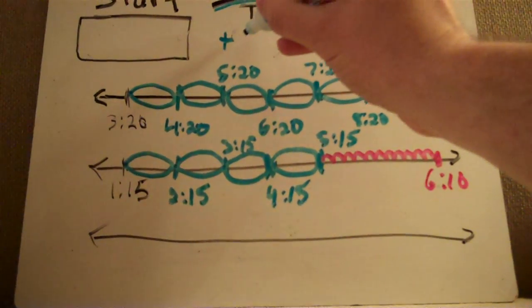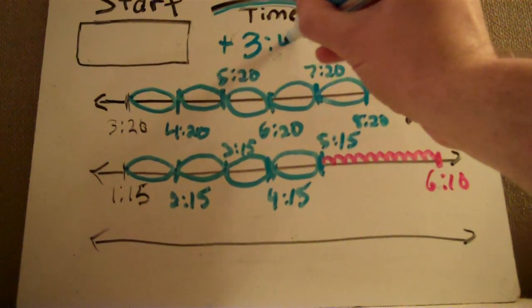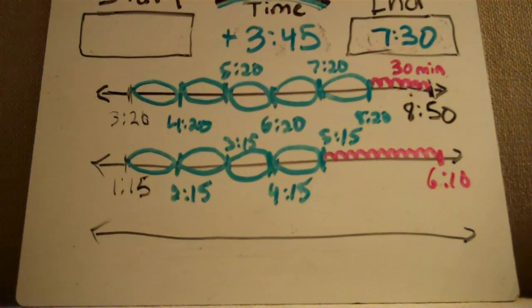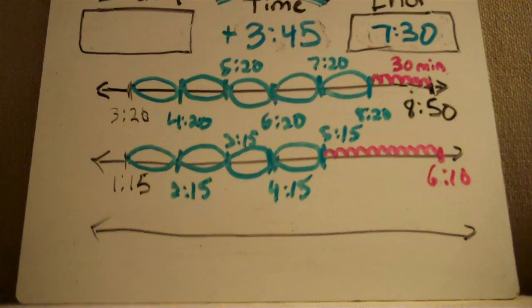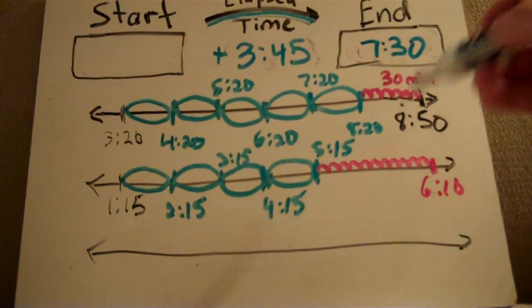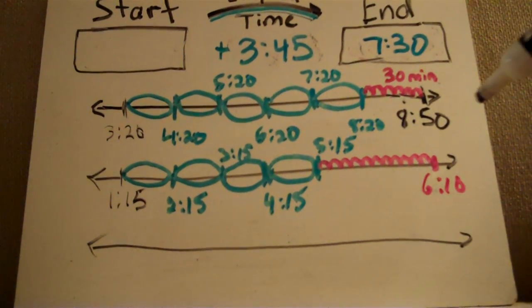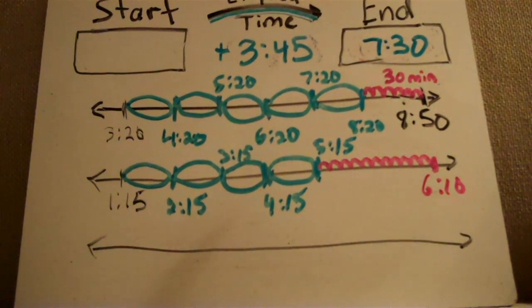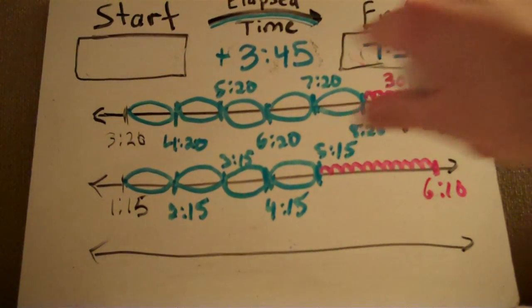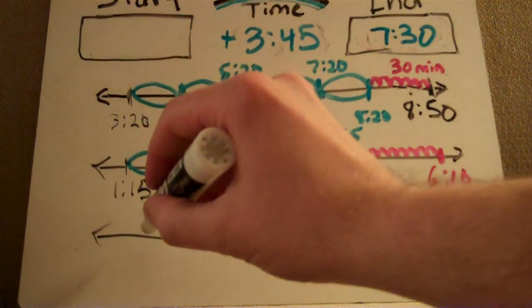The party lasted for 3 hours and 45 minutes. What time did the party start? This time we're going to start. We could go 7:30 and go backward, but I would actually start with 3:45 and move up to 7:30, because then you can find the difference between the two.